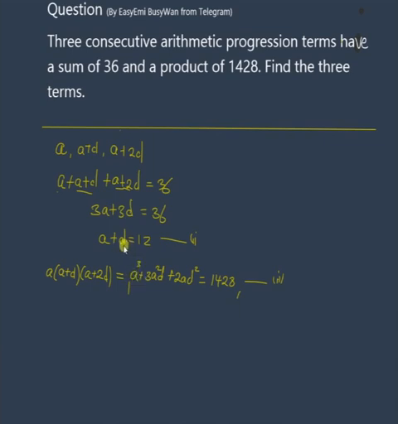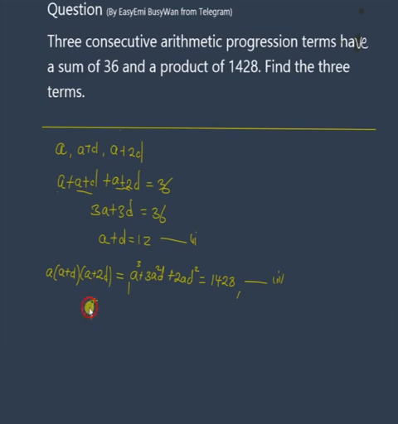I can substitute for A by having that A is equal to 12 minus D, but because I'm going to have D minus 12 power 3, it may be somehow cumbersome. Not that it is not doable, but we can just get D squared, so I don't need a term which has a power 3.